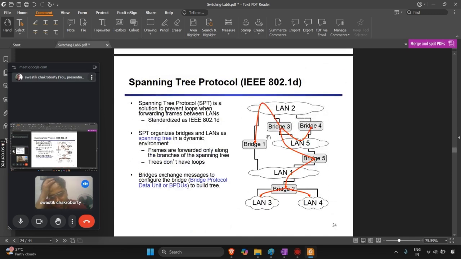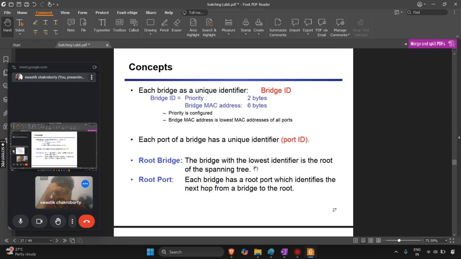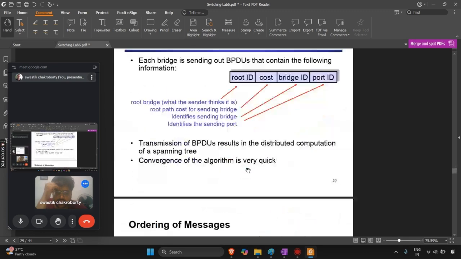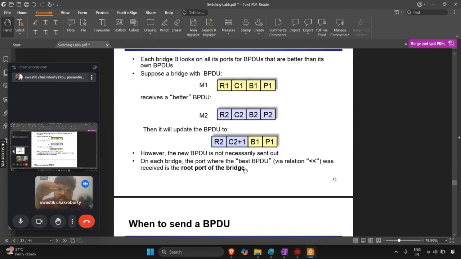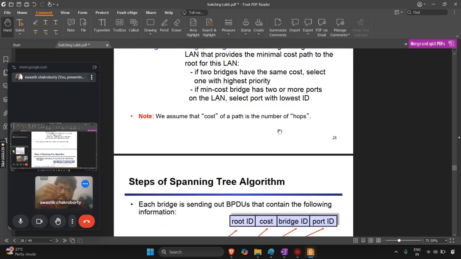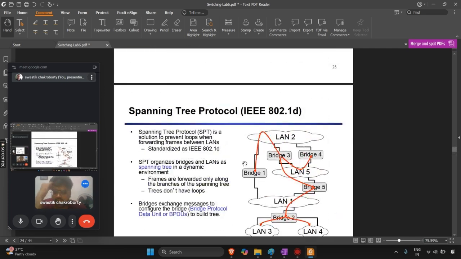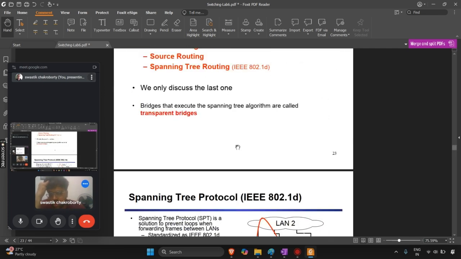What it creates is basically a tree. It creates a hierarchy of bridges, and with these bridges, without forming any loop, we can directly route a packet from one LAN to another LAN.